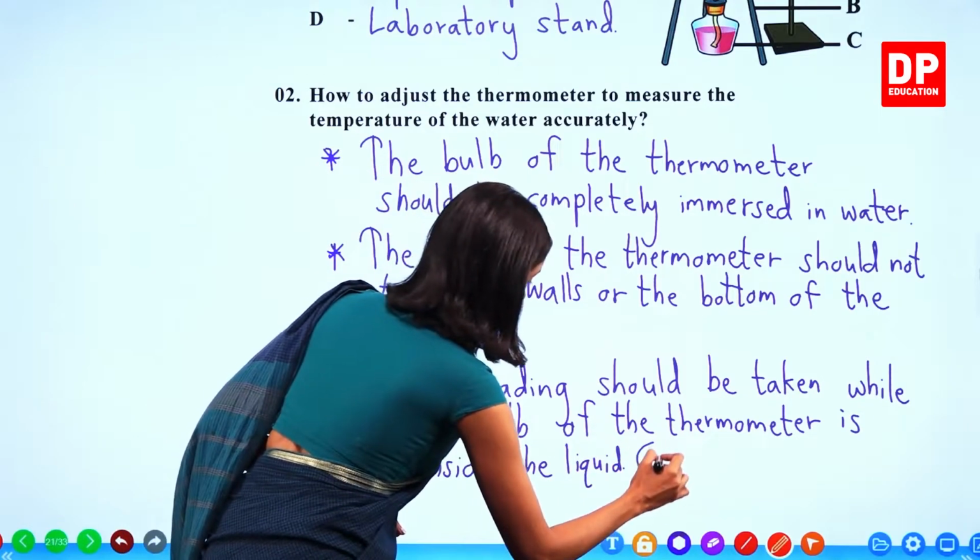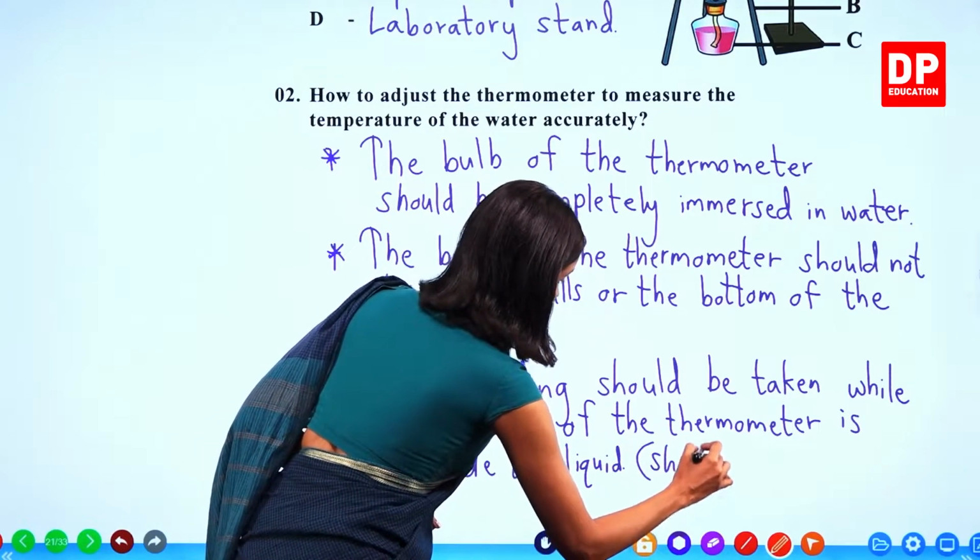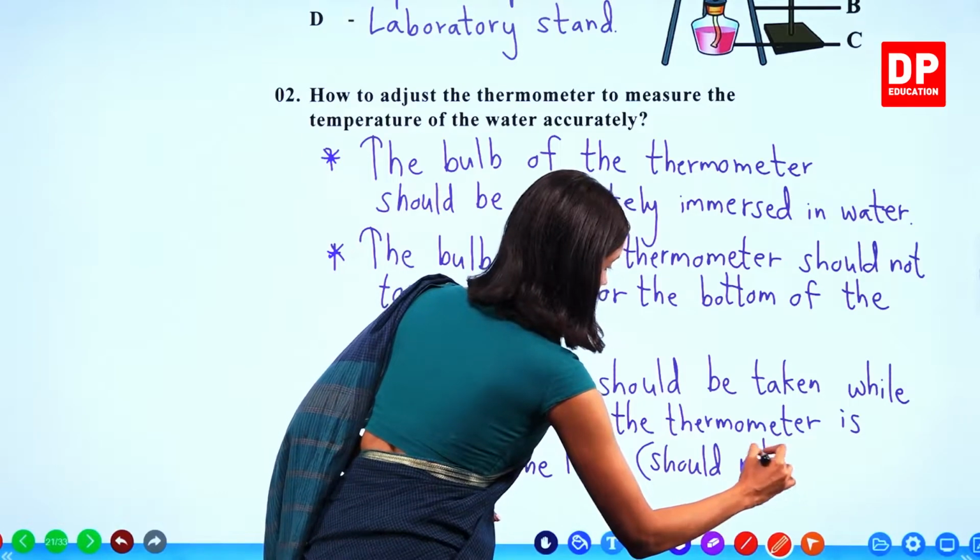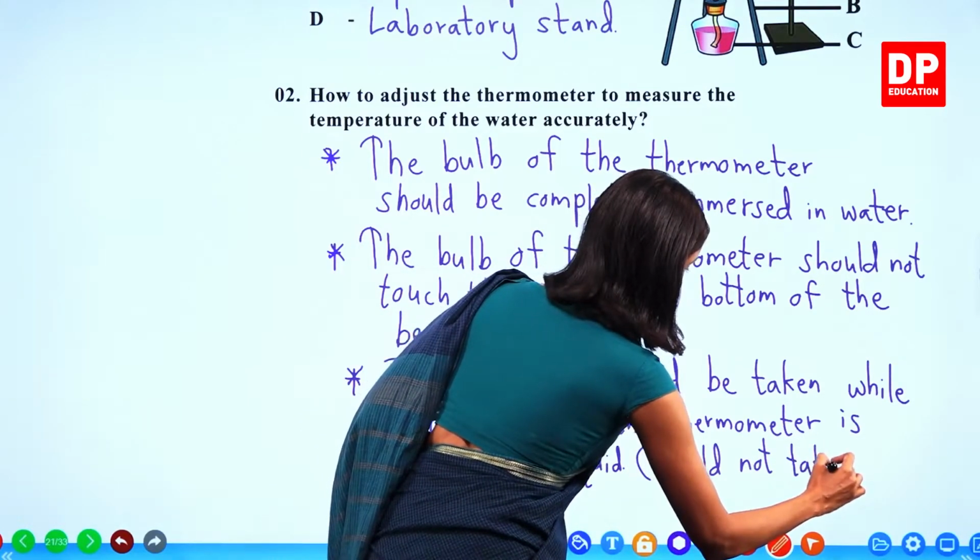Write within brackets, should not take it out.